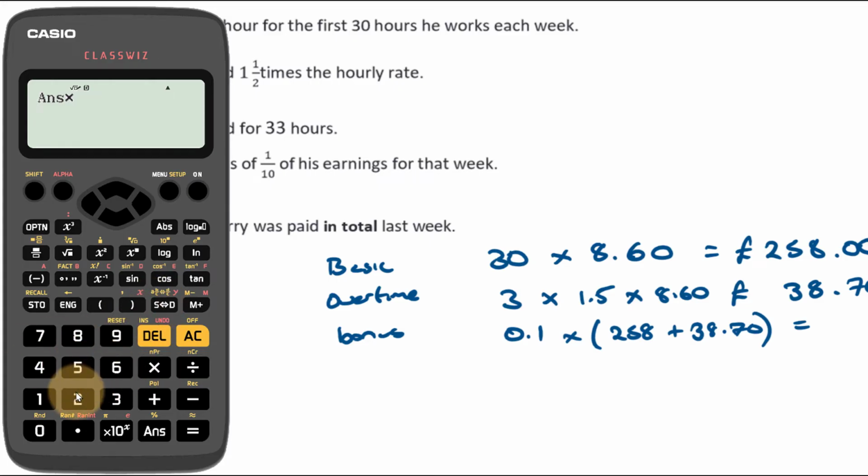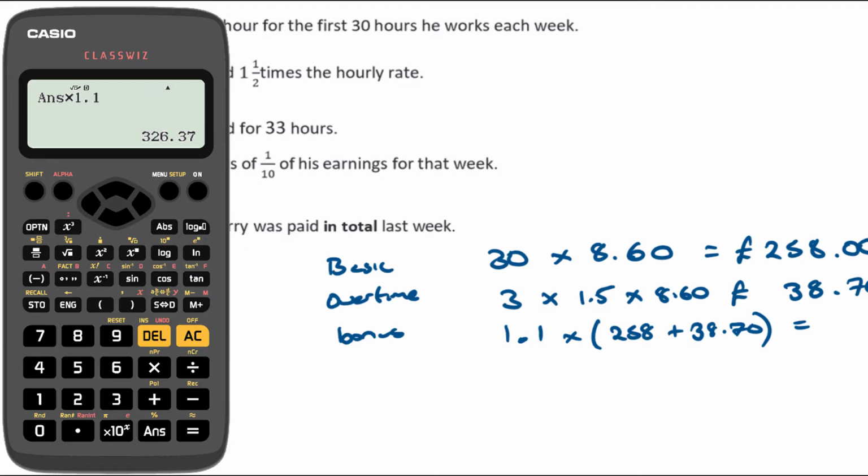And I'm going to times that by, now just thinking about it, if I times it by 0.1, I would get the bonus amount, and I'd then need to add it on to the original amount. But I think if I just times it by 1.1 instead, that would be better, wouldn't it? Because it's basically 1 and 1/10. 1 and 1/10 is 11/10, which is 1.1.